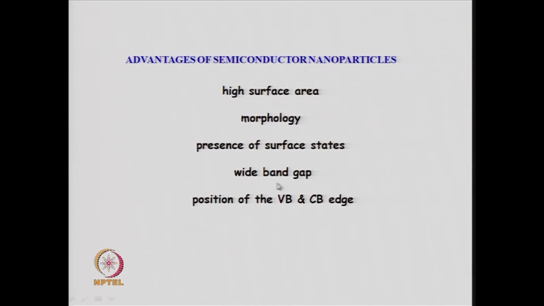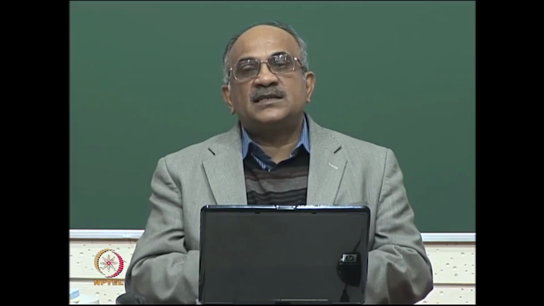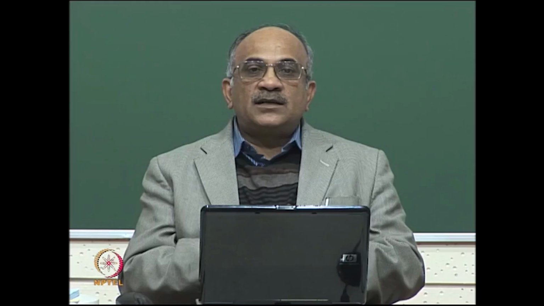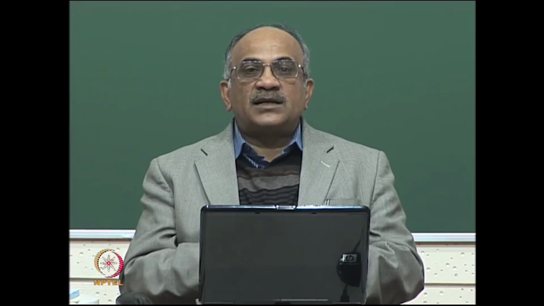Then you can have wide band gap semiconductors, because as you know, when you change the size of a particle from a bulk particle, if you make it into a nanoparticle, then the band gap increases, and the band gap is increasing means you are making something a wide band. So, from a narrow band you are changing it to a wide band when you are making the size of the particle small.